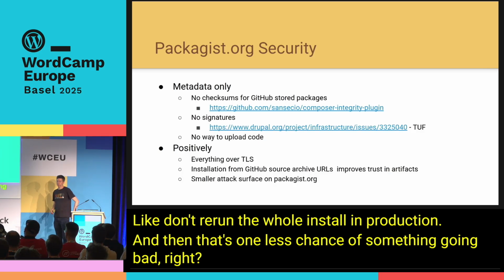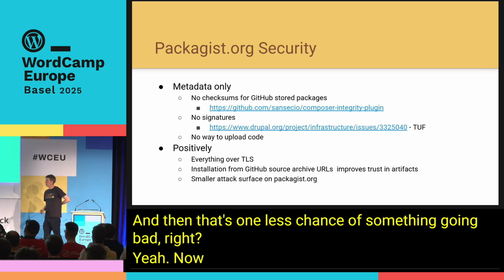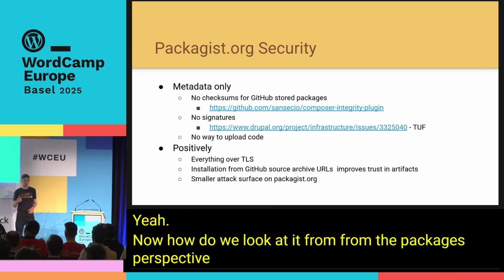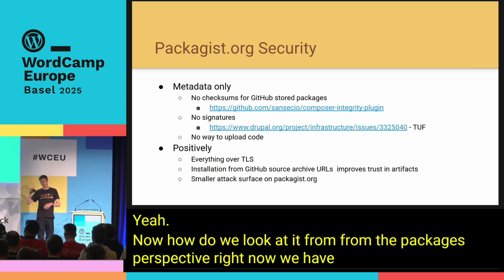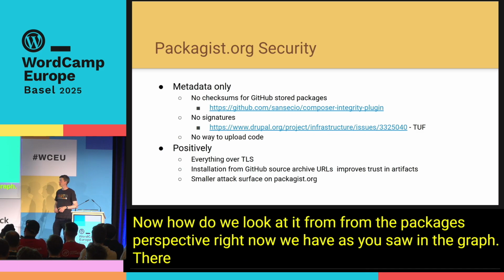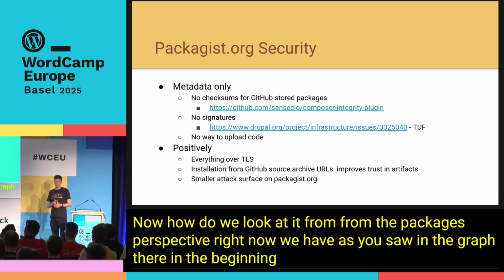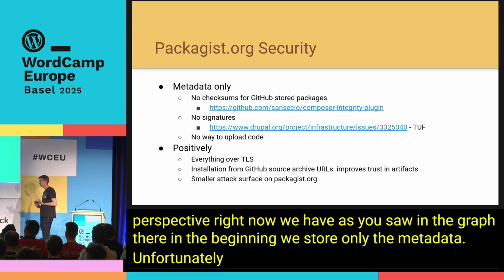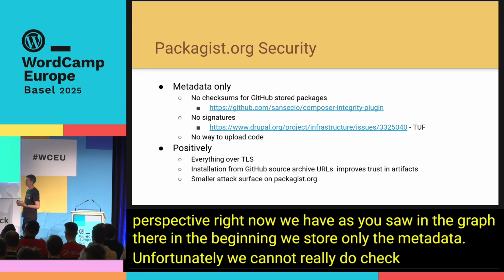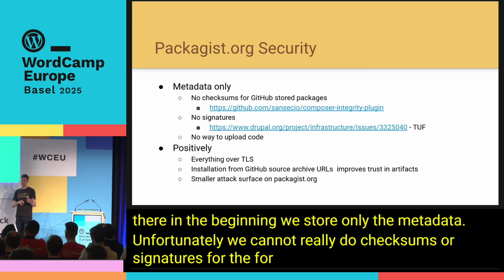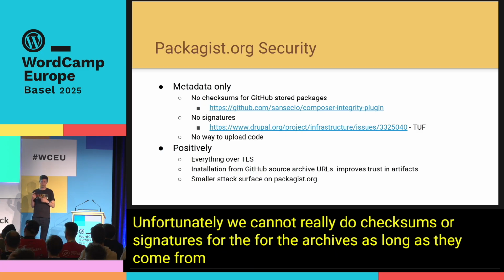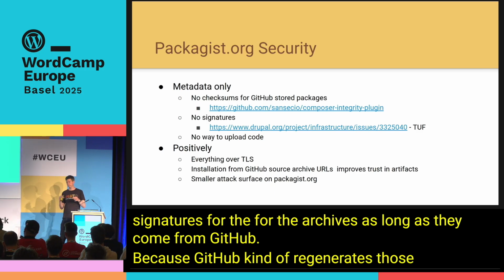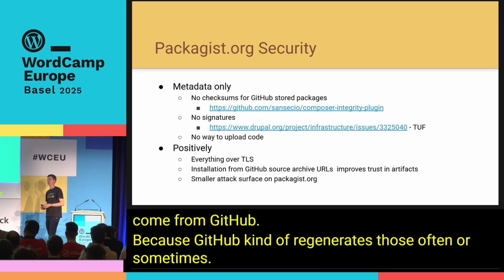Now, how do we look at it from the packages perspective? Right now, as you saw in the graph in the beginning, we store only the metadata. Unfortunately, we cannot really do checksums or signatures for the archives as long as they come from GitHub, because GitHub regenerates those often, or sometimes at least.